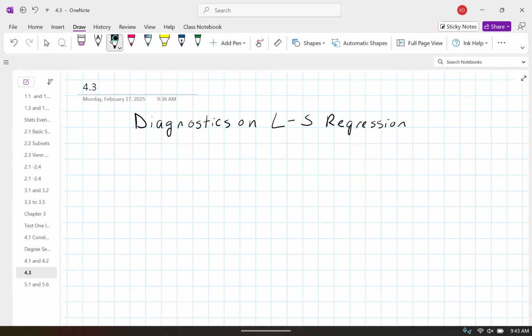We talked before about our R value, our correlation coefficient. This time we're going to take our R value and square it. Now I'm thinking of variance. They call it the coefficient of determination.